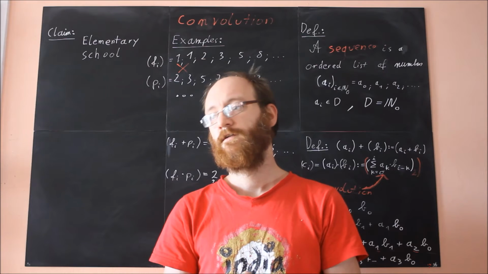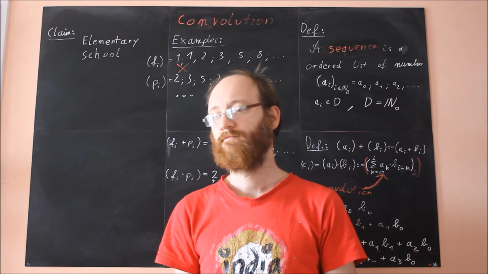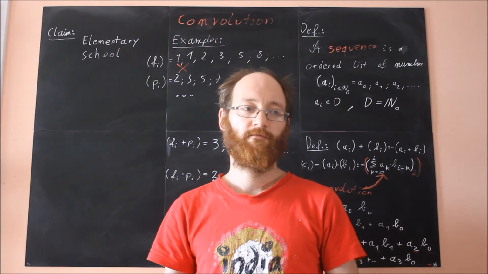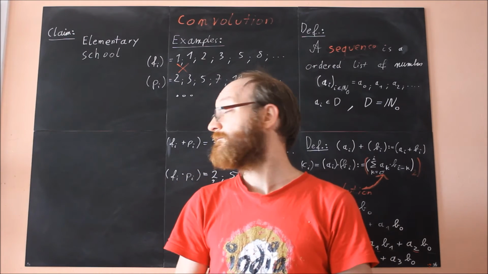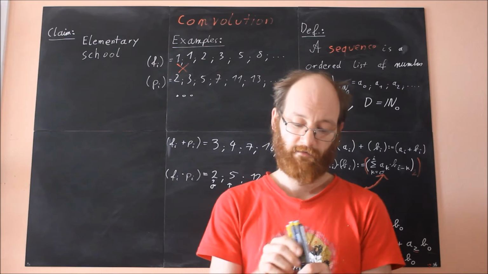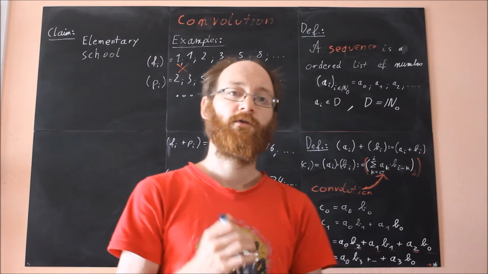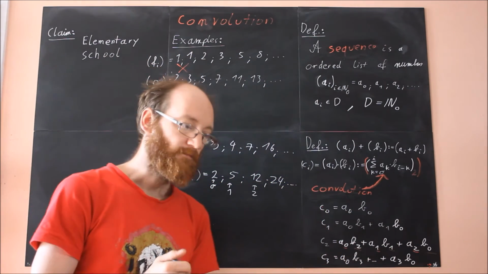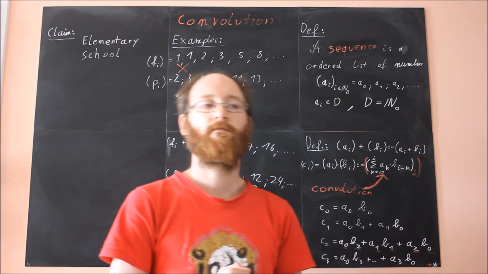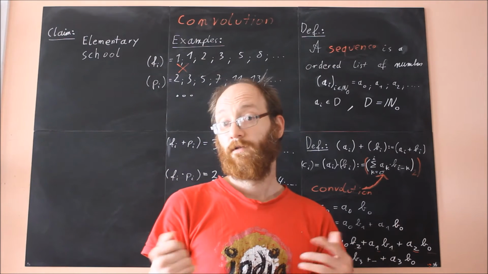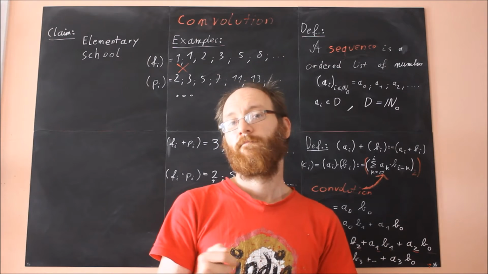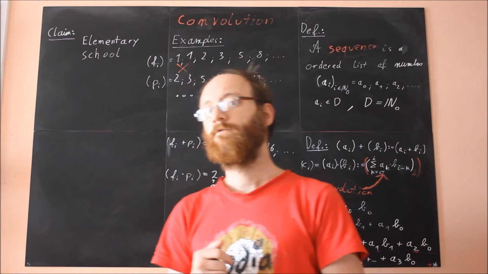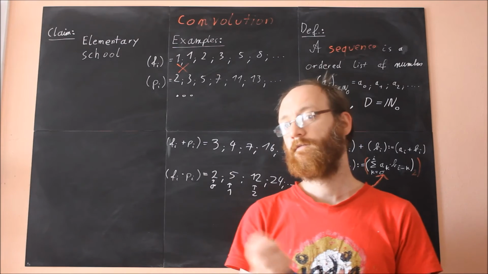You use it nearly every day. And where do we use this? We use the convolution if we multiply two natural numbers. And before I show you that, I clean up the board and then I come back.